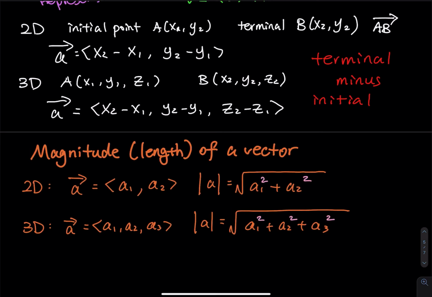For the magnitude, they use the absolute value symbol. When you say magnitude of a vector, it has nothing to do with the absolute value, but you still use the absolute value symbol. For 3 dimensions, inside the square root, you also add the square of A3. So that's how you calculate the magnitude of a vector.